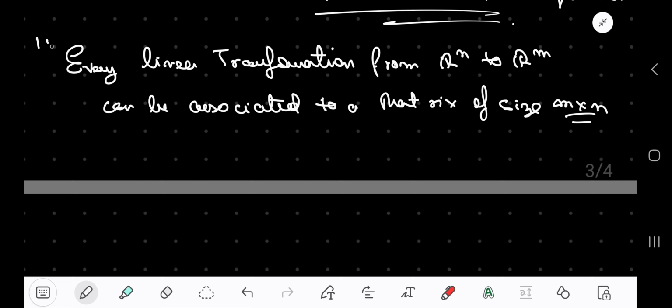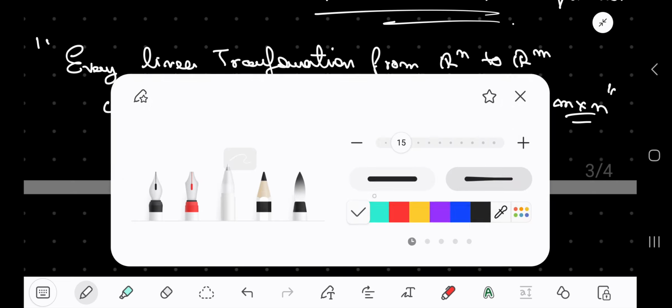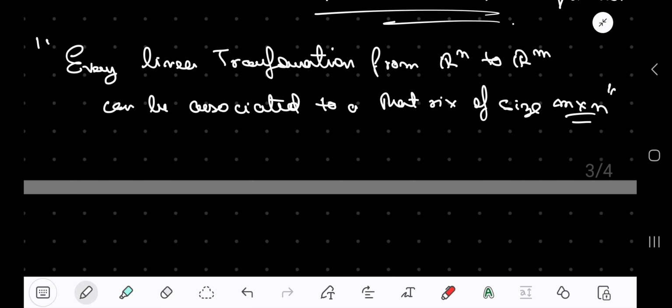Okay, so this is the statement which is more important. Let's see why. Should we start with an example first and then we see? Okay, let's see an example first, then we will have an idea.